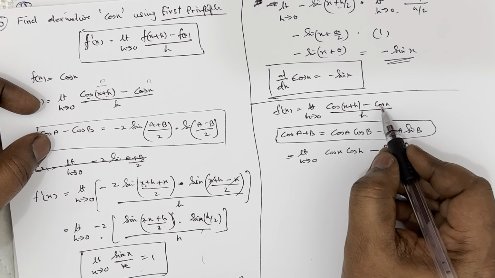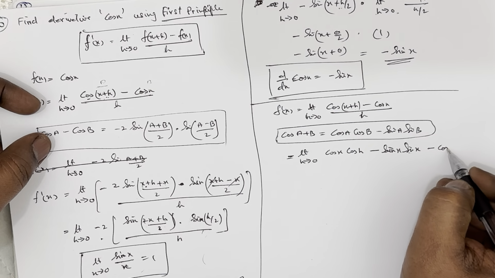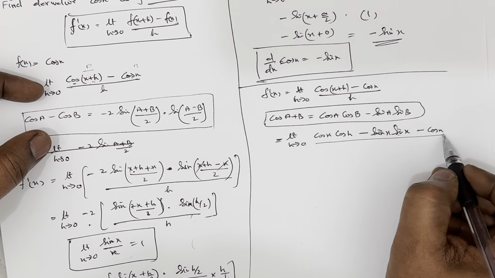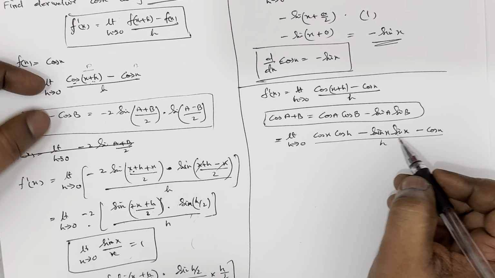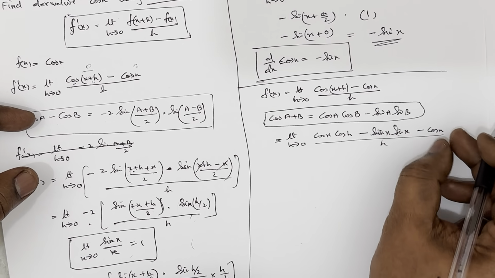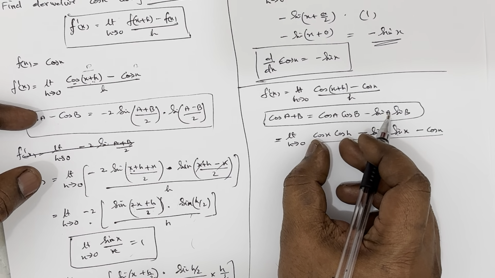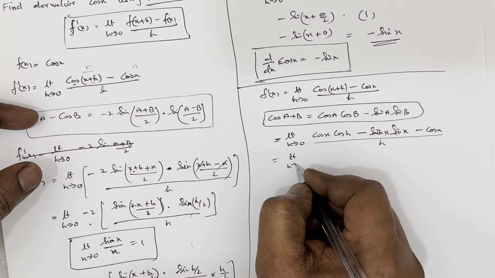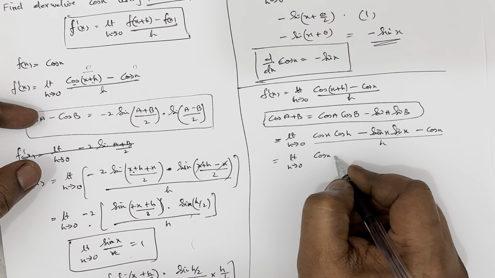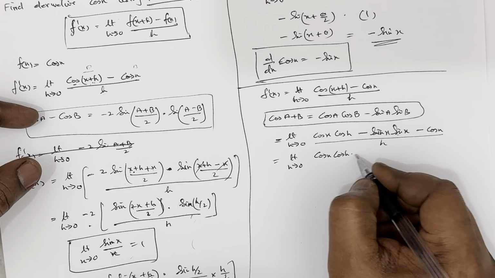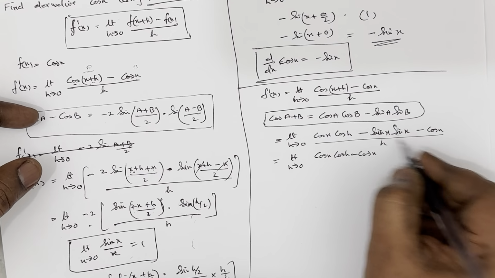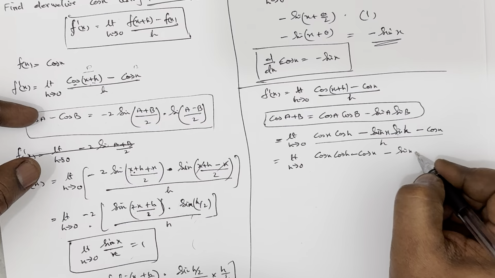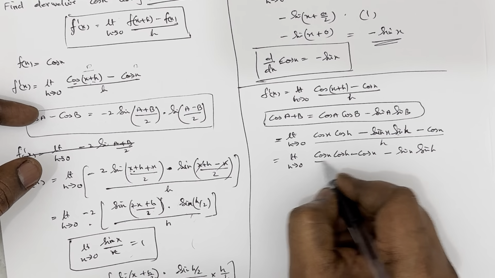Now the remaining one is minus cos x upon h. So now let's bring this cos x to this cos x. We will write this together, so it becomes limit h tends to 0 cos x cos h minus cos x, and remaining minus sin x sin h upon h.